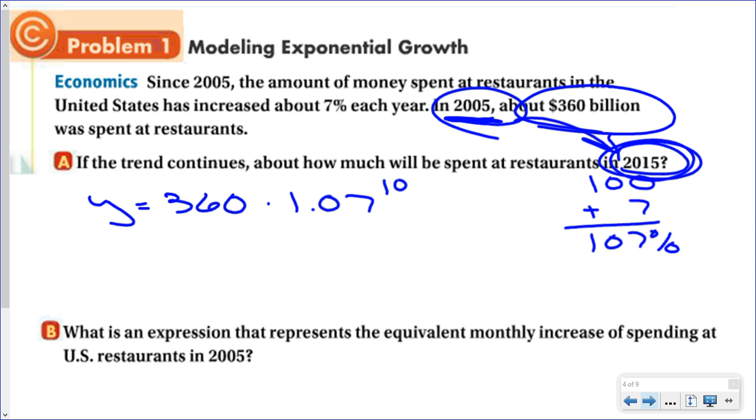And then run that through the calculator. Let's see, there we go. So run that through the calculator, and it looks like the answer is 708 and then I'd have to label that $1 billion.